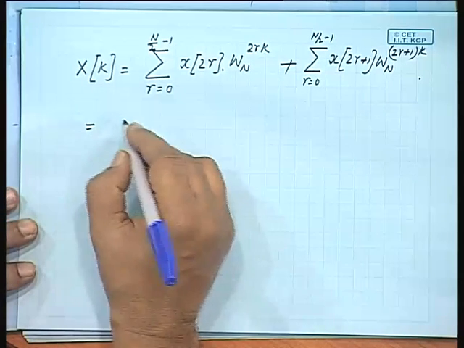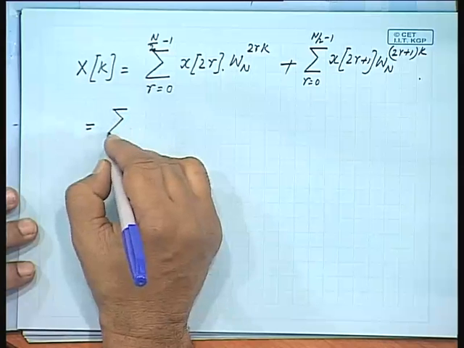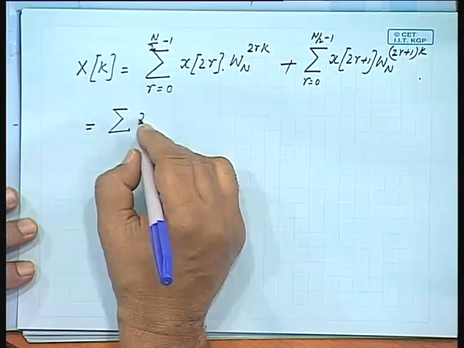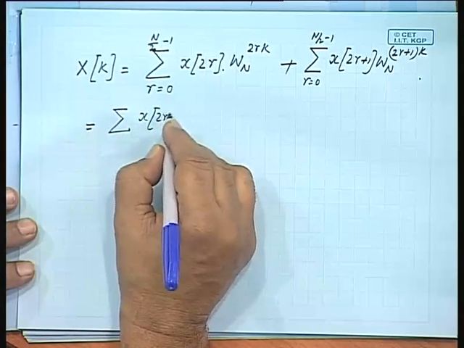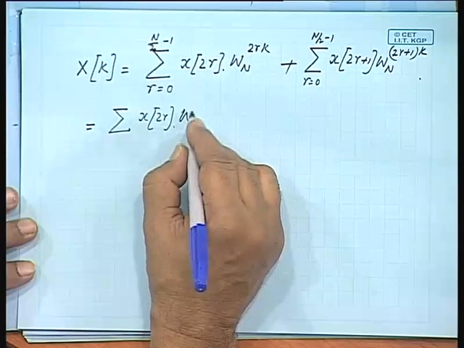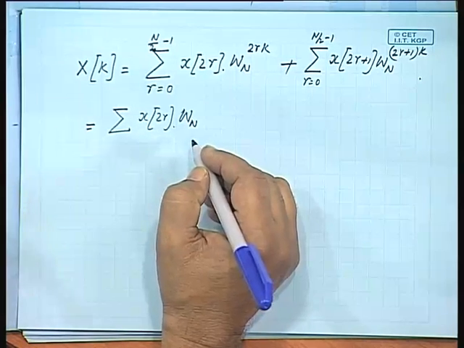So, this can be written as x(2r) W_N by 2 to the power rk.